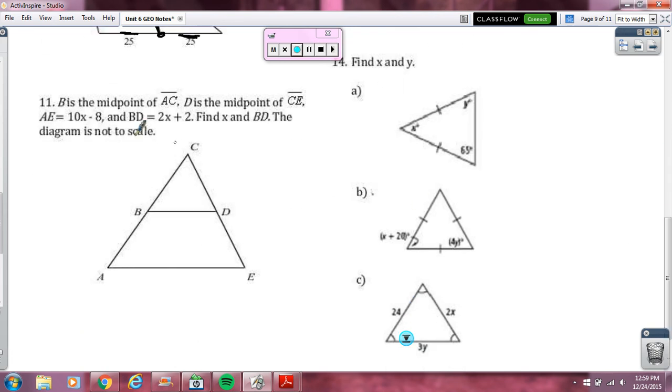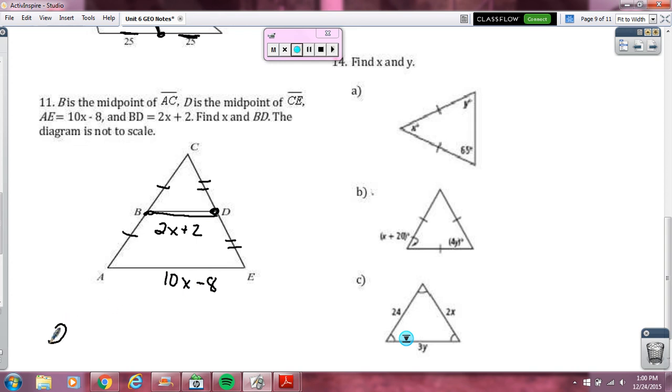Moving on. B is the midpoint of AC. I'll mark that. D is the midpoint of CE. I'll mark that. AE is 10x minus 8, and BD is 2x plus 2. Find x and BD. The diagram's not to scale. Alright, so like we saw above, this one in the middle, the mid-segment, is going to be half the size of the one down at the bottom.